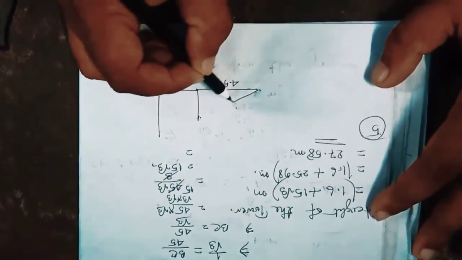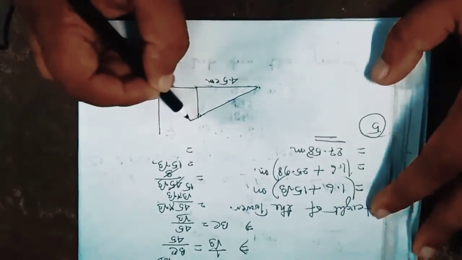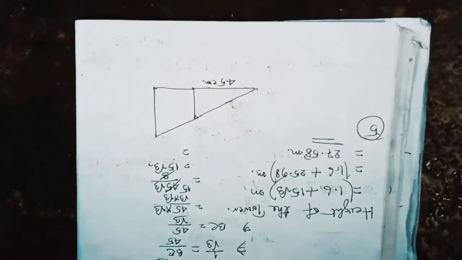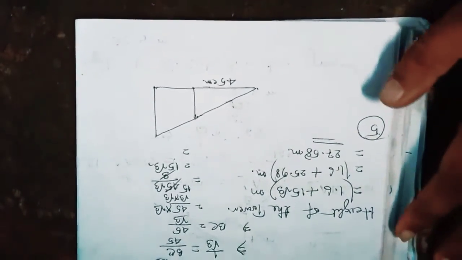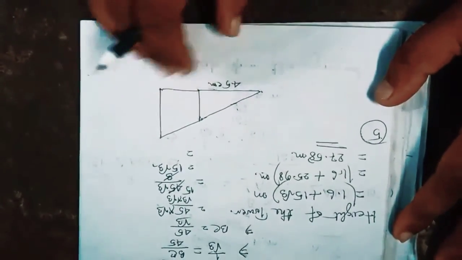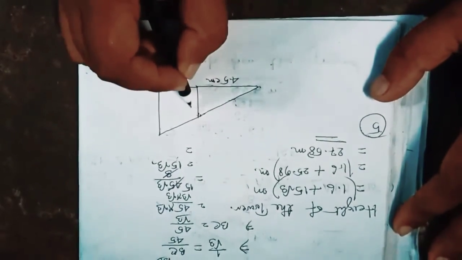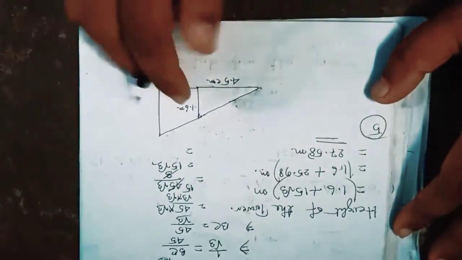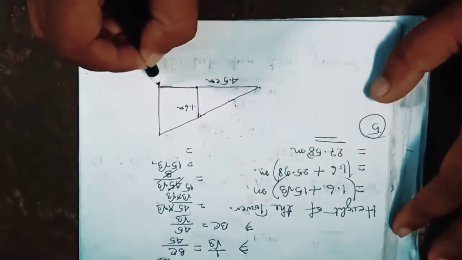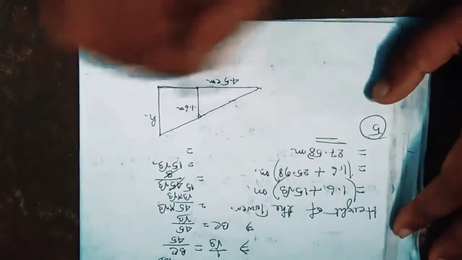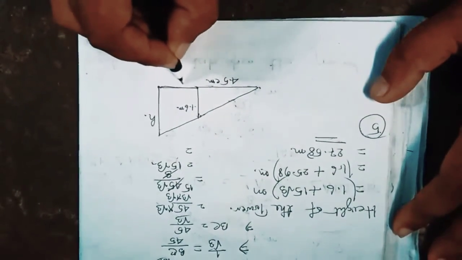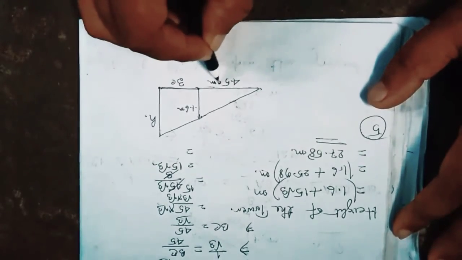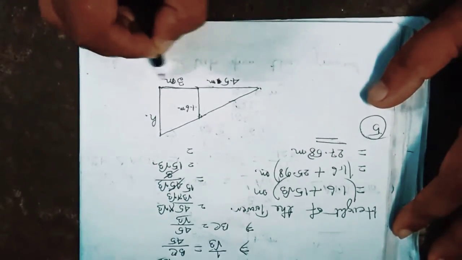In height and distance, we have to draw the image very clearly. If we draw the image, then our math should be done. Now here this is 4.5 meter, and this is 1.5 meter. Let us take the height of the lamp post to be h, and it is 3 meter away.